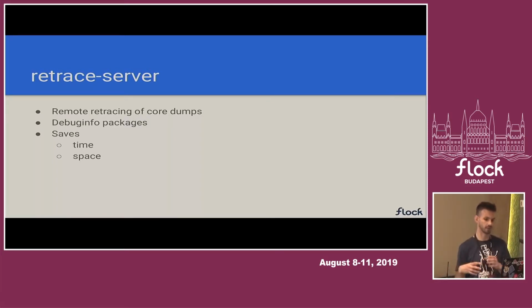So you have a huge amount of data that you have to download and find. The retrace server tries to solve this by allowing you to send the core dump to our server, which then processes it and sends you back the backtrace in human readable format. So it should save you time.